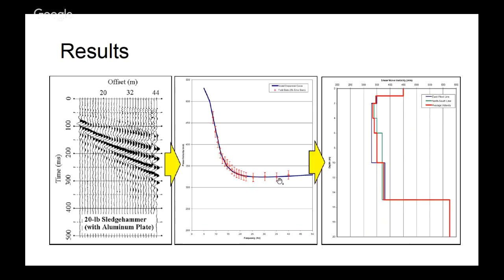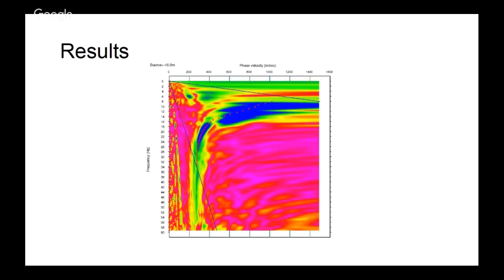And then from this we're sampling this dispersion curve and then inverting for our 1D shear wave velocity. This is just another plot of what one of those dispersion analysis curves might look like.